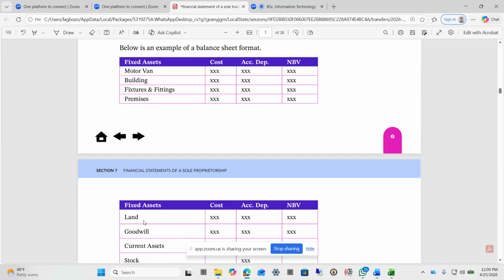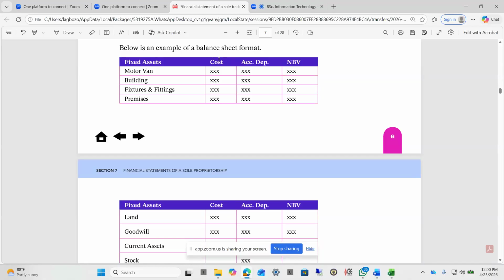So when you see something here like ACC DEP, what it's trying to say is accumulated depreciation. And the NBV is net book value. So all we are saying here is that your fixed assets have a cost, which is the price at which you bought it the day you bought it.